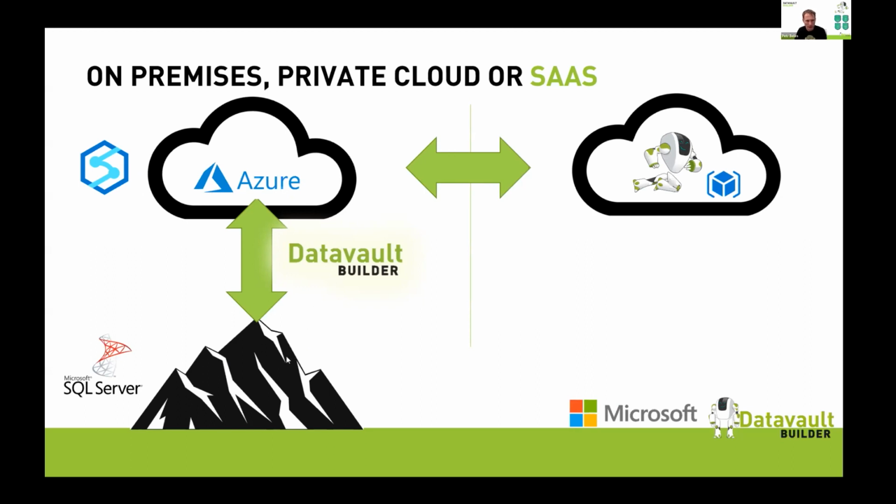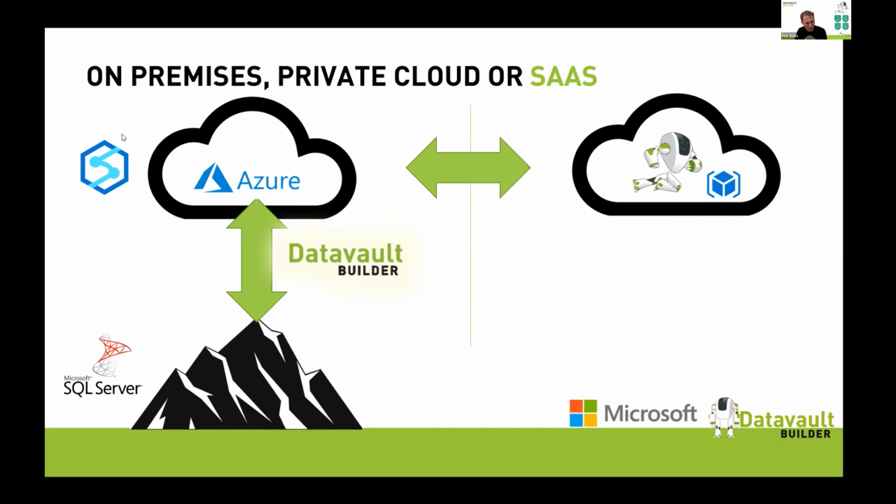And they don't need to worry because they can move their data model and the data from on-prem to the cloud. The Datavault Builder itself is completely stateless. This means that you just stop it on-prem, you restart it on Azure, and it connects again to your database. As long as the same data is present there, it will pick up working where it left off before.